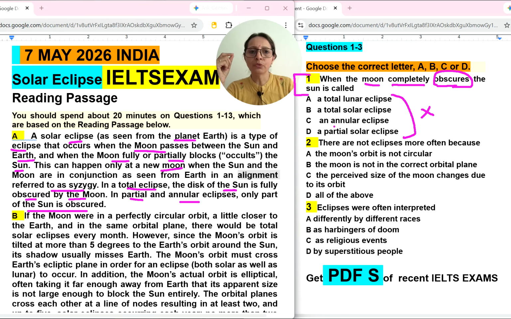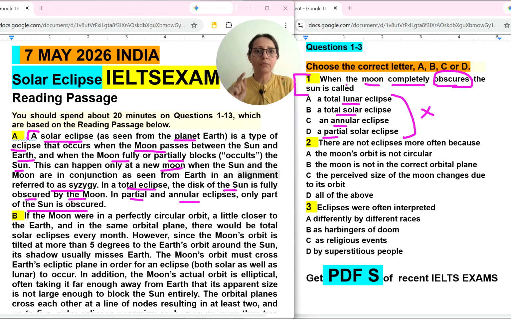Annular is also there. Partially is also there. Part of the sun. And total lunar eclipse is there. Lunar is also known as moon. A total solar eclipse is there. So they have started the sentence with solar eclipse, and here it is given that in a total eclipse the disk of the sun is fully obscured by the moon.